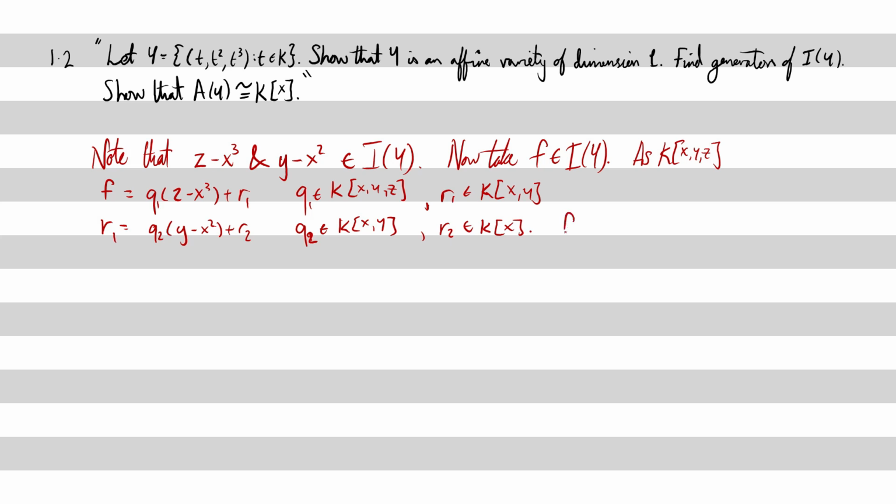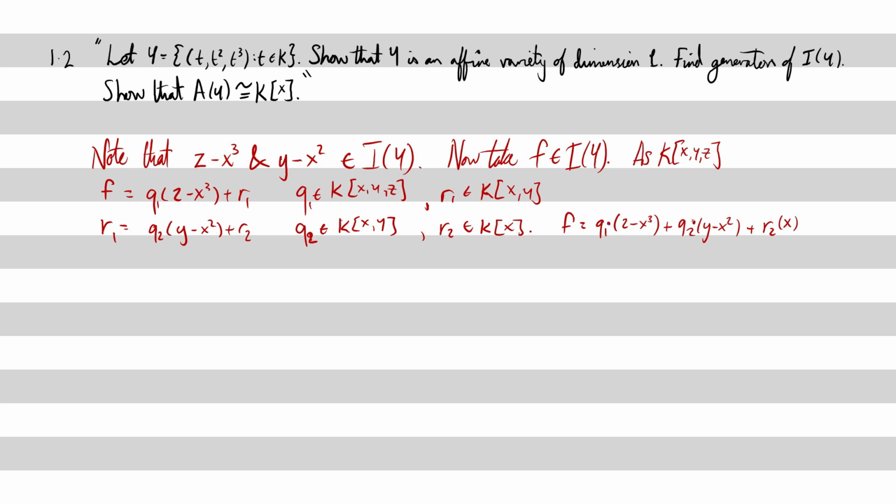Thus, f equals q1 times (z minus x cubed) plus q2 multiplied by (y minus x squared) plus r2, where r2 is in k[x].